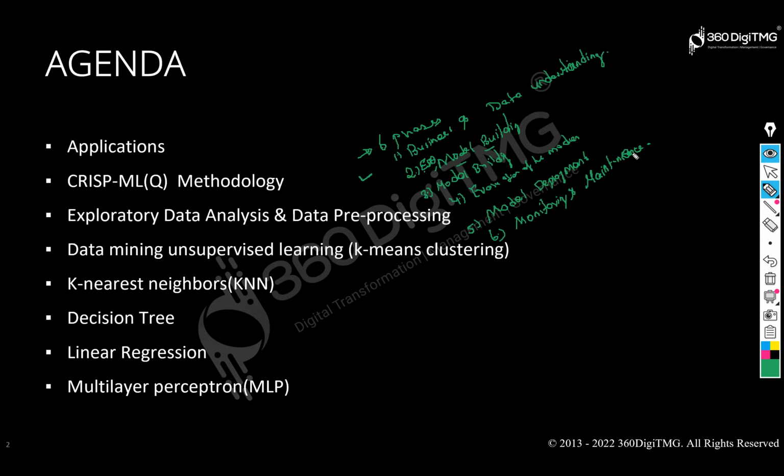The second thing is exploratory data analysis. So first you will understand the business problem. And after understanding the business problem, you will start collecting the data based on the business problem. Once you collect the data, there may be some sources, primary and secondary sources, all these things will come into the picture.